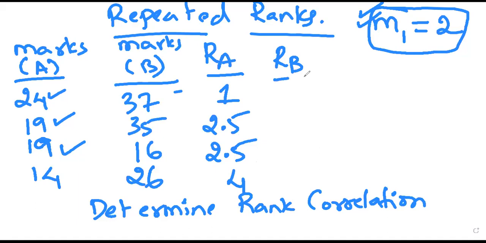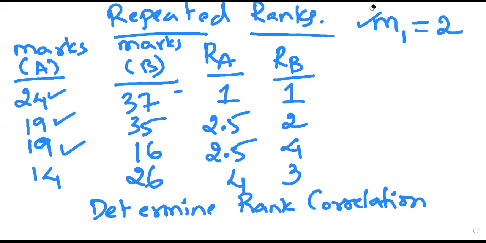Any doubts here? Anyone has any type of doubt? For subject B, the first rank is 37, the next rank would be 35, then the third rank and the fourth. If there is any doubt, you are supposed to ask.